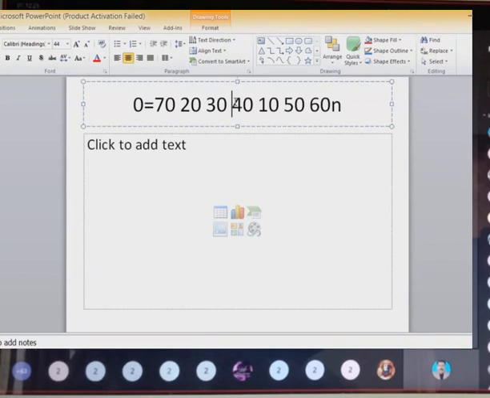Students, reply me. Anyone on the line? What is n by 2? Reply me. Students, are you listening to the class? Is it clear?